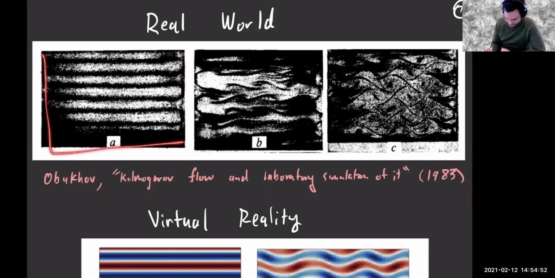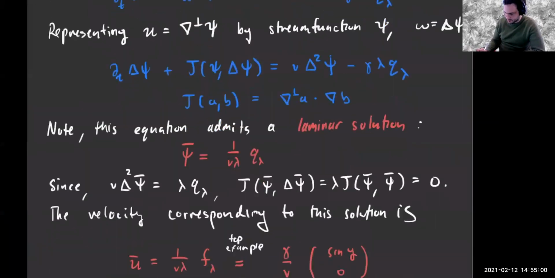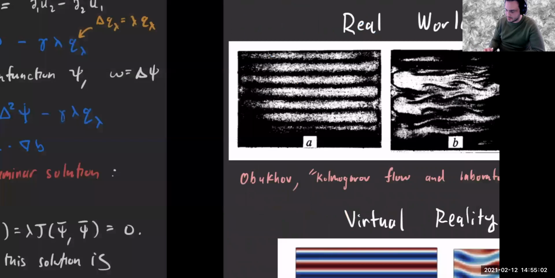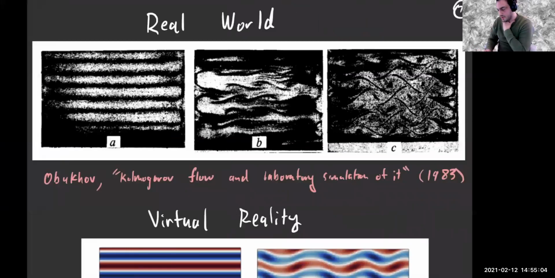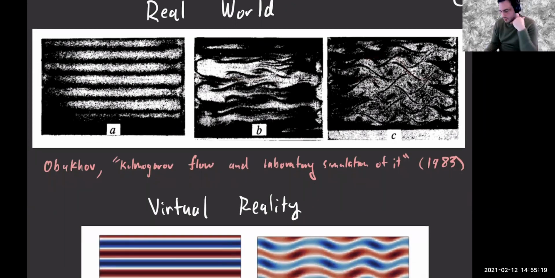What you're visualizing here is the velocity. The velocity is aligning with that sinusoidal force, just like it did here. That's the aligned laminar state. Now, as you increase the parameter, suddenly this thing is becoming wavy. It's not aligned with the force. And here it's settled down into some sort of permanent regime of a wavy type solution. So that's the real world.